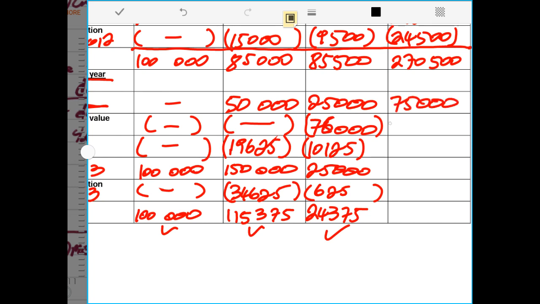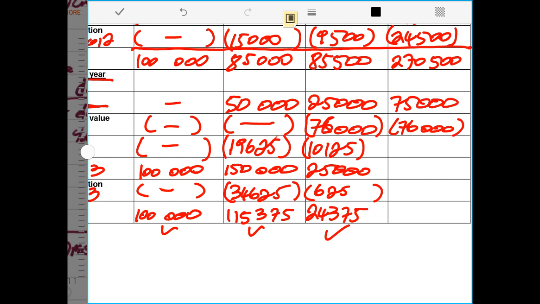That will be an amount of 76,000 rands. Negative, don't forget that. Then here we have to add the two, 19,625 plus 10,125.